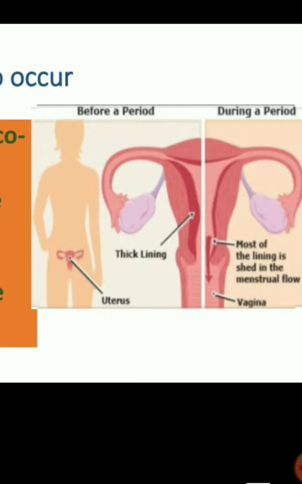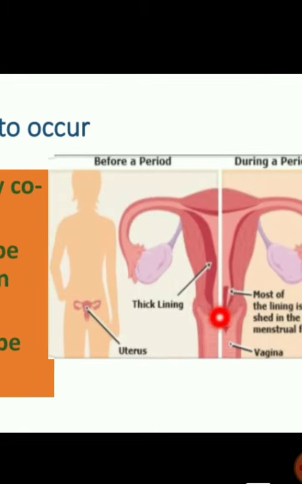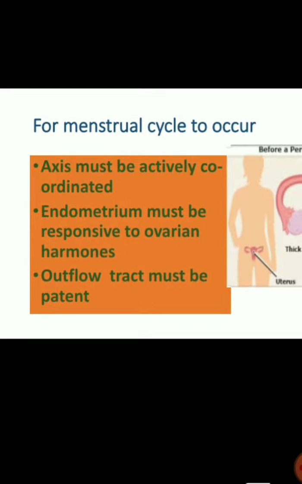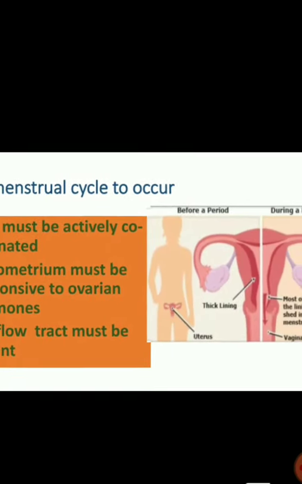The term cryptomenorrhea is used when the woman menstruates every cycle but bleeding is not manifested. The blood is collected in the uterine cavity. It is not coming out because the hymen is imperforate. In this condition, we give a cruciate incision and make the passage. The condition is called cryptomenorrhea.